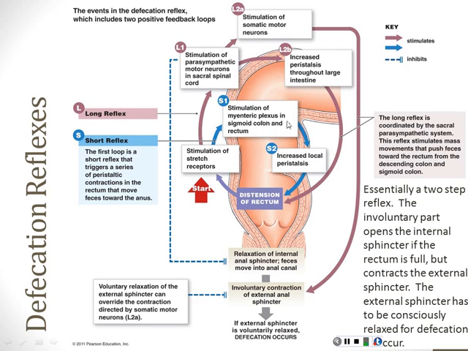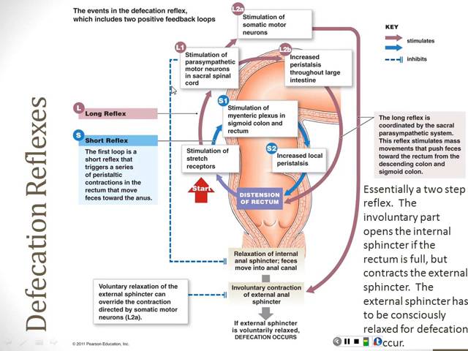The short reflex prepares the system to eject the feces. The long reflex coordinates the control of where and when. All right, so sigmoid colon or rectum gets stretched. That stimulates the nerves of the sigmoid colon and the rectum. We get increased peristalsis to fill that rectum and get ready to push the feces on out.